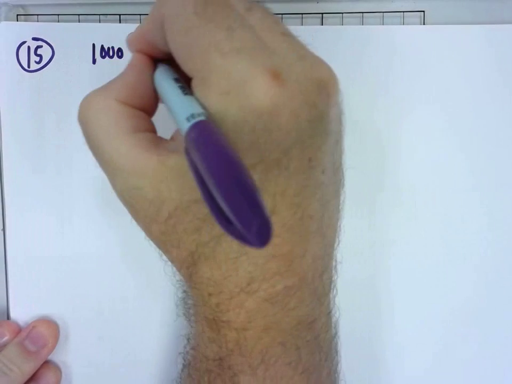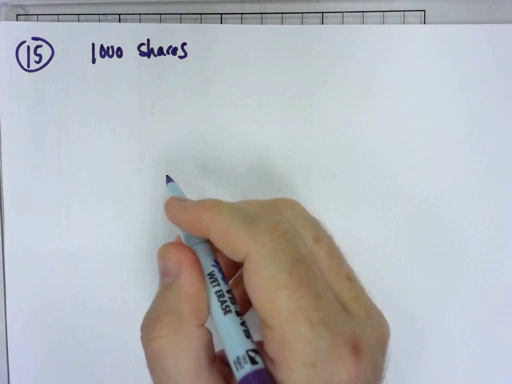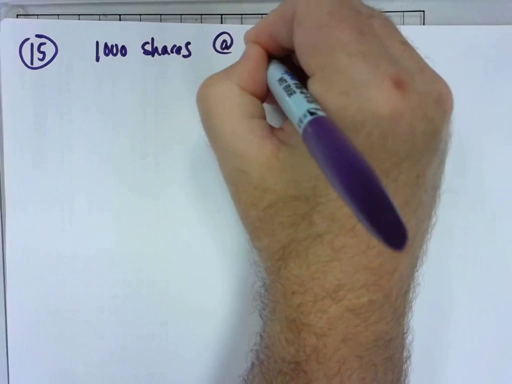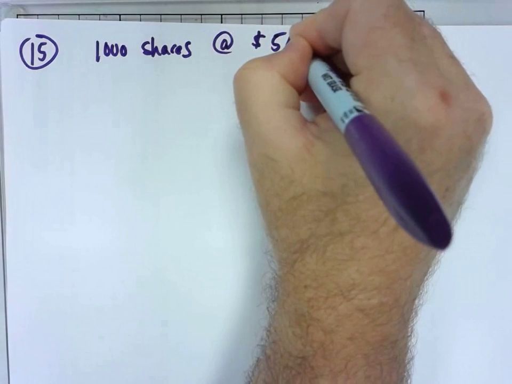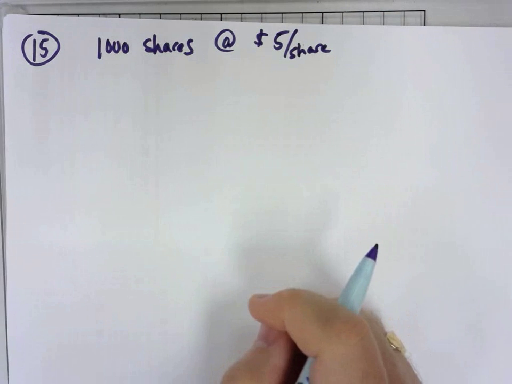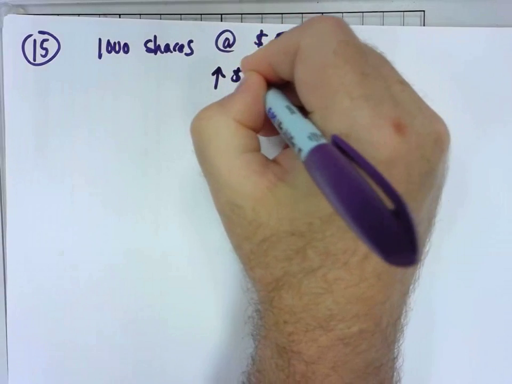Okay, so I'm going to write down 1,000 shares of a risky stock for $5 a share. So $5 per share. She estimates that the probability the stock will rise in value to $20 a share. So you're looking at going up to $20 a share.